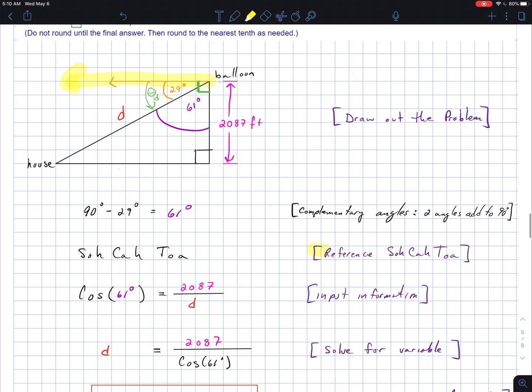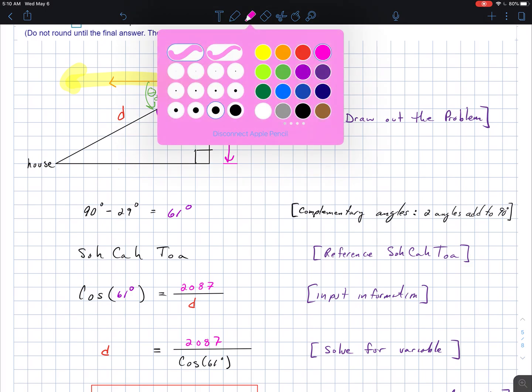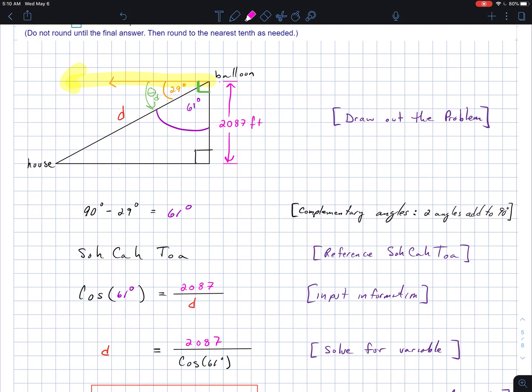Now, again, reference SOHCAHTOA. We know that we're looking for an opposite side or an adjacent side. Which is it this time? Well, because we're talking about the angle 61, then this right here is the adjacent side.